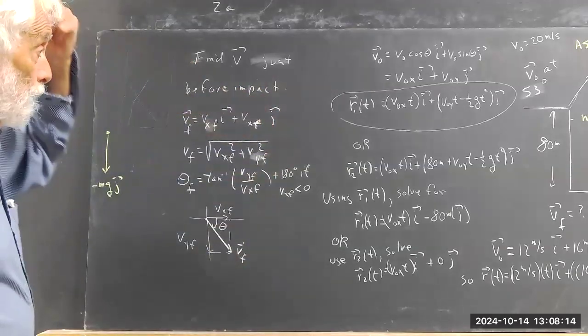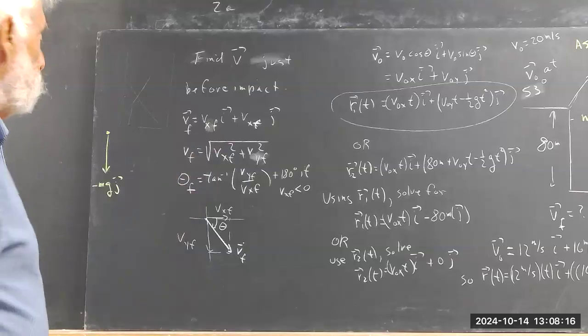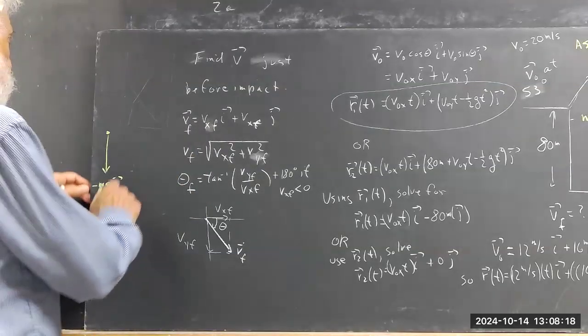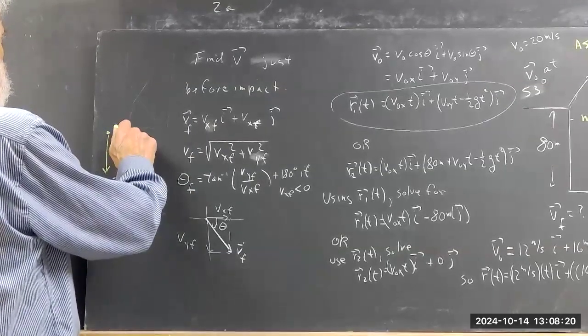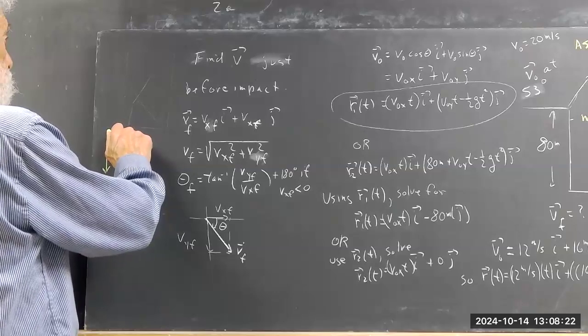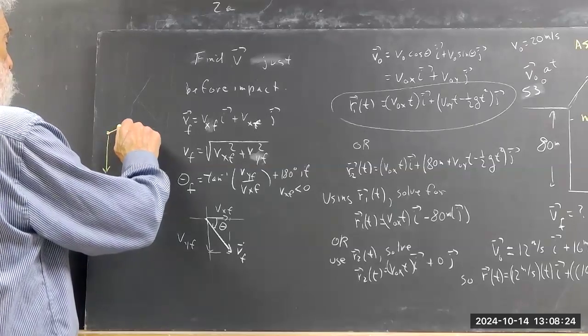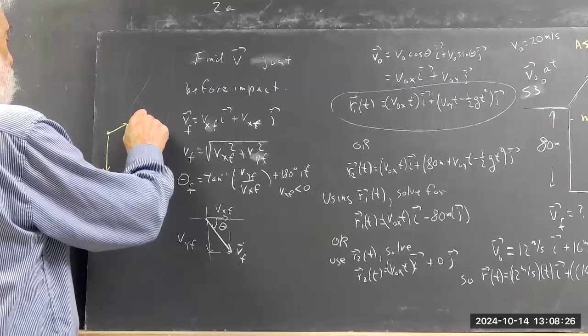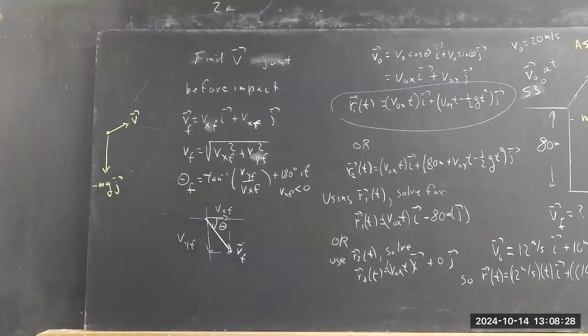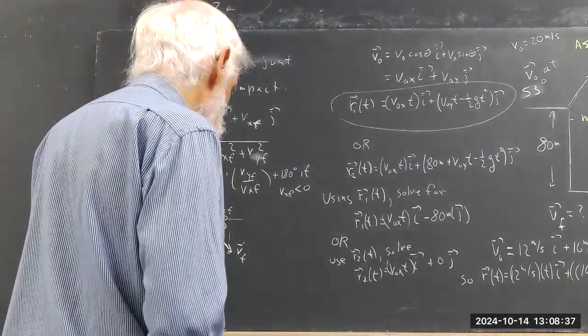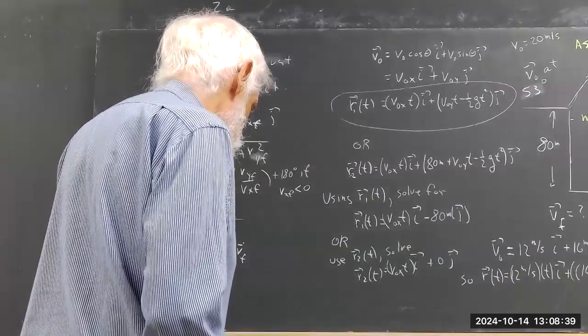Now, at the first point that I drew there, my velocity might look like this. Okay. So my displacement in some short time interval.